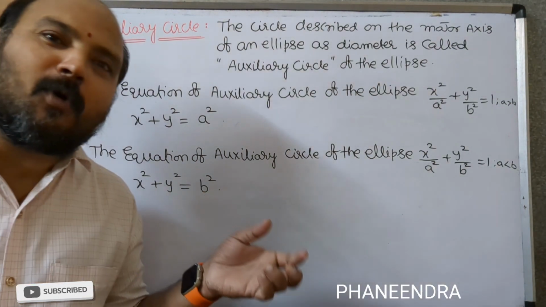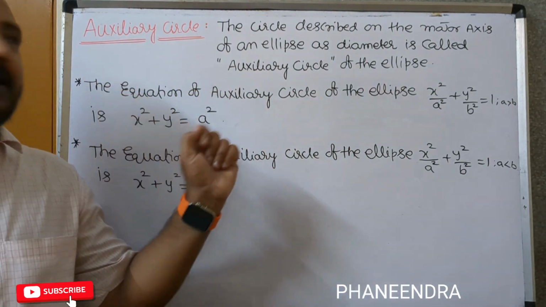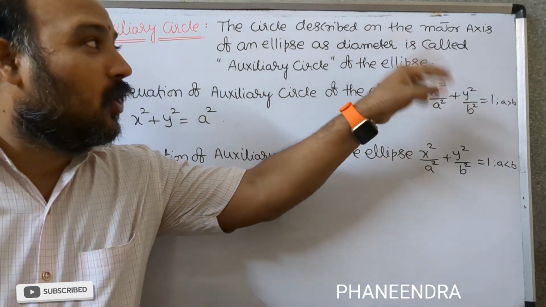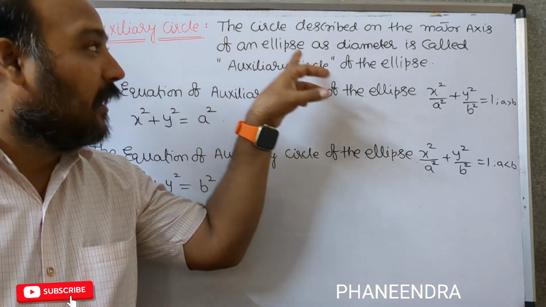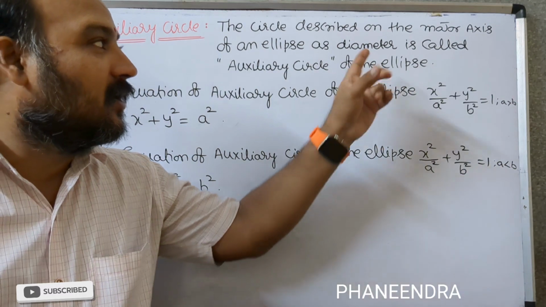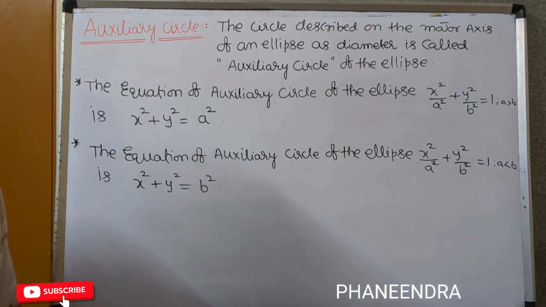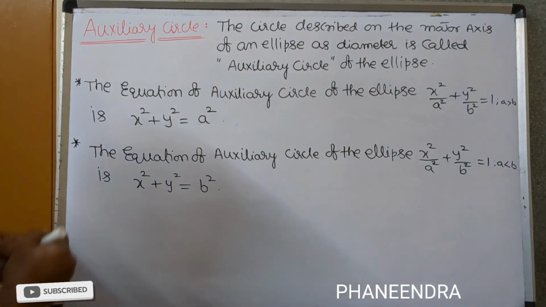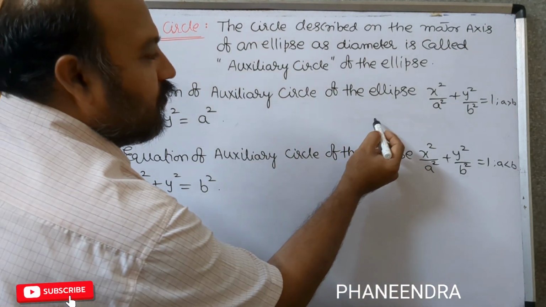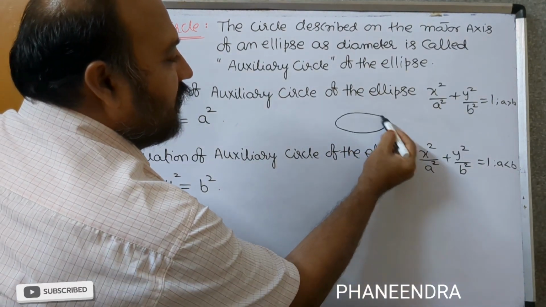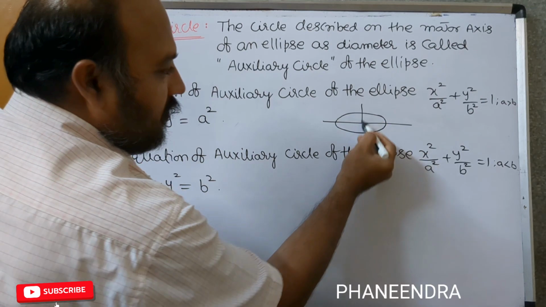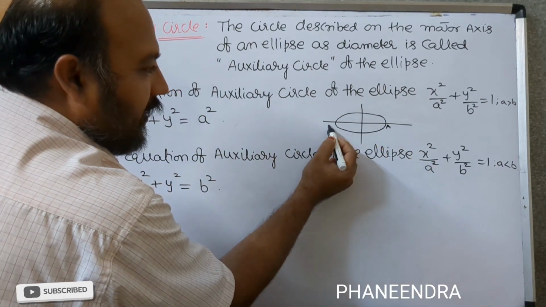Here we are talking about the auxiliary circle. The circle described on the major axis of an ellipse as a diameter is called the auxiliary circle of the ellipse. See the figure, how it will be. So this is the ellipse figure generally. This is the major axis, A dash.